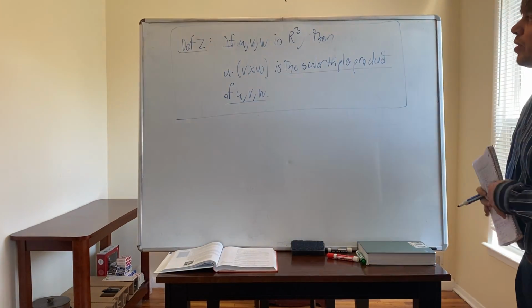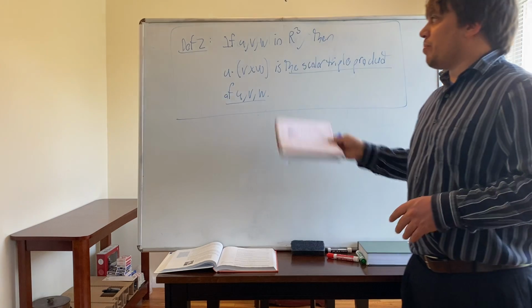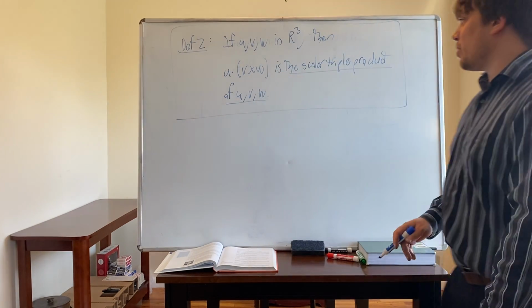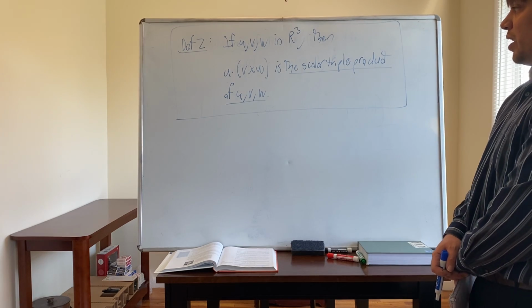So if u, v, and w are 3-tuples whose components are real numbers, or vectors in 3 space, then u dot v cross w is the scalar triple product of u, v, and w.